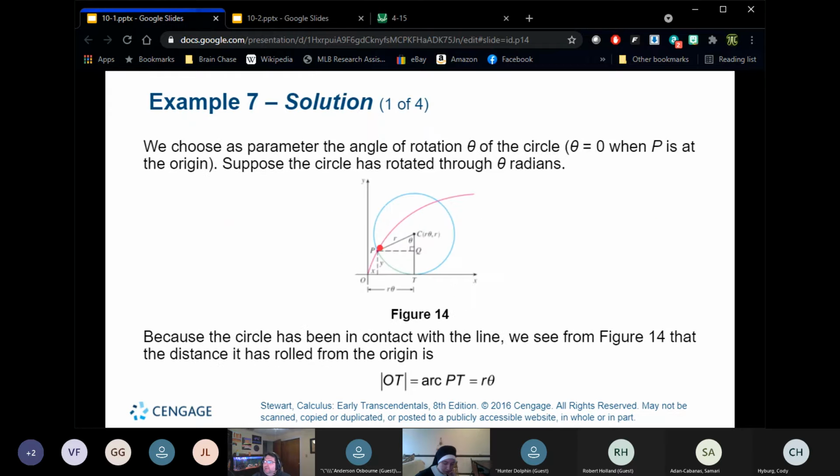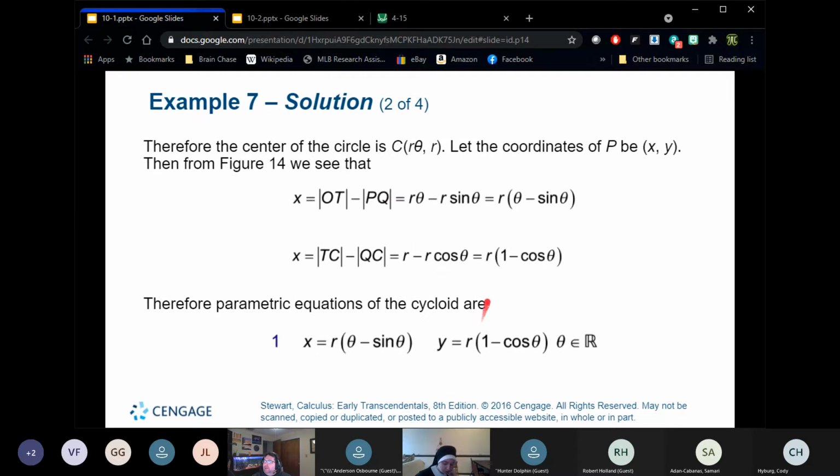So you can actually see how it's done. It's the same thing we were doing before with the graph. And your equations for it are x equals r(theta minus sine theta) and y equals r(1 minus cosine theta). R is, in this case, the reason we use r instead of t, the radius of the original circle.